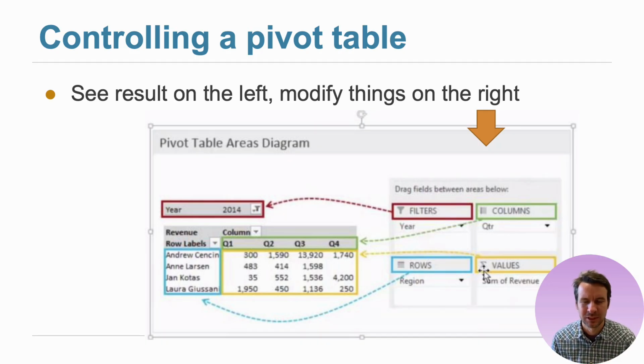You decide what is in columns, what is in rows, what are the values that you see, and how you want to filter your data. On the right you will see a toolbar with all the columns from the original data, and you can drag and drop the columns into the 4 different boxes, and based on where you drop them, that's what will be happening on the fly on the left.